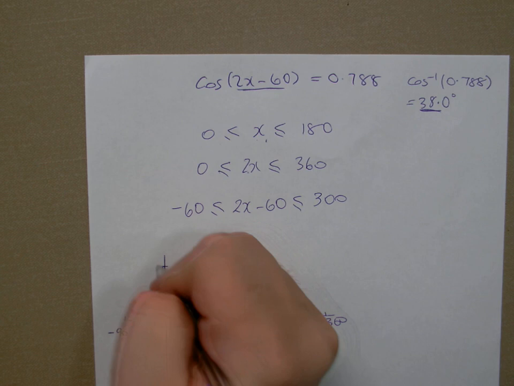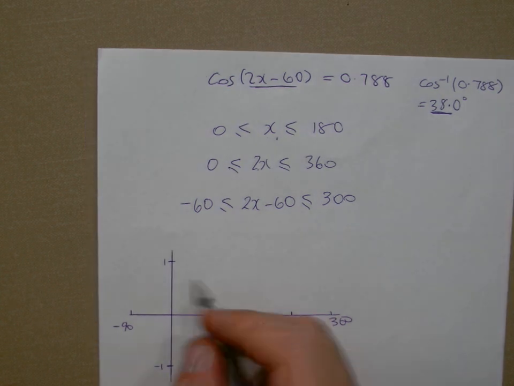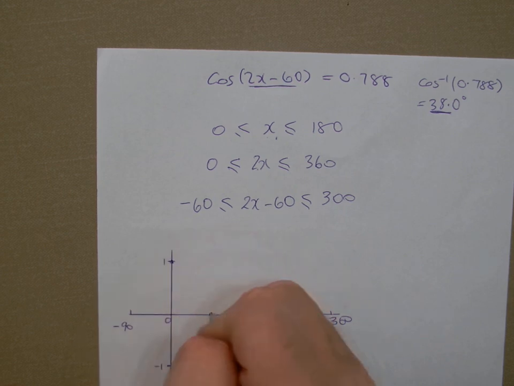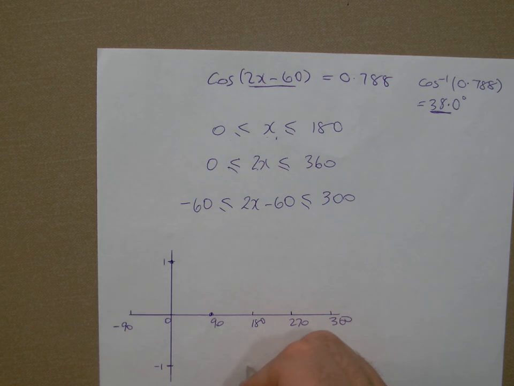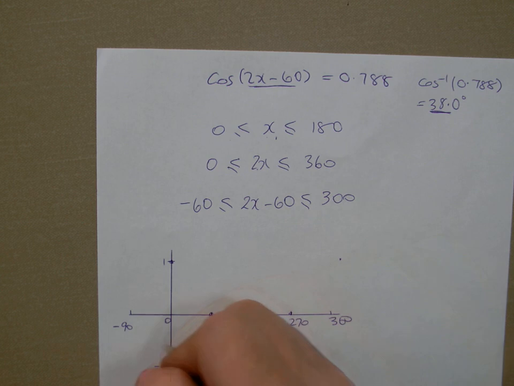I want the cos graph, which is between 1 and minus 1. And remember what we said before, if you're not sure what it looks like, just type it into your calculator. Cos 0 is 1, cos 90 is 0, cos 180 is minus 1, cos 270 is 0, cos 360 is 1, and cos minus 90 is 0.